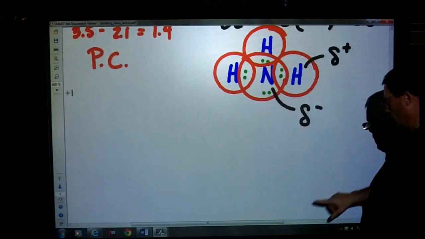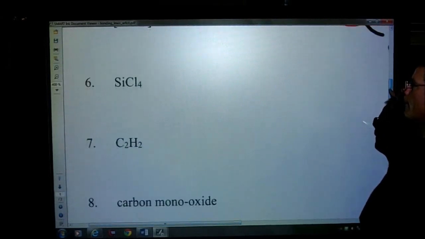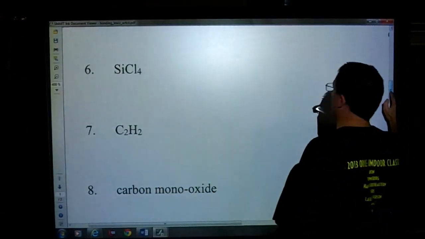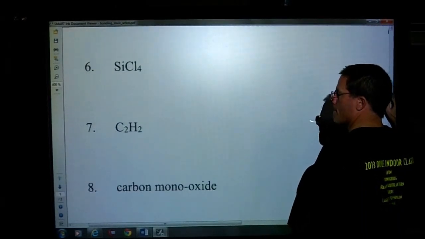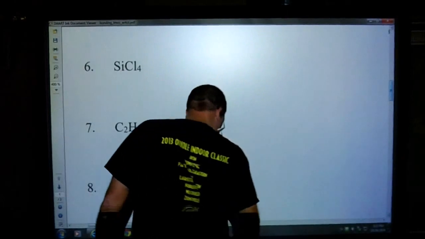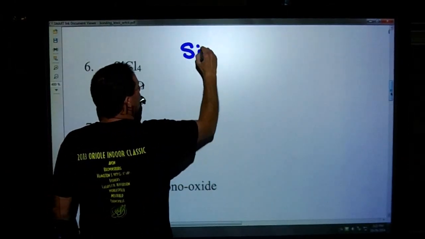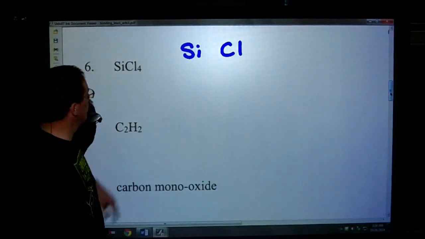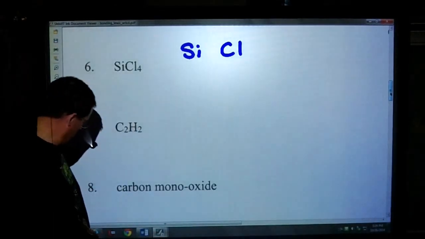All right, let's look at number 6. SiCl4. Again, we want to do the difference in the electronegativity, between silicon and chlorine. Even though there's 4 chlorines, just do it between 1. Go to your values.